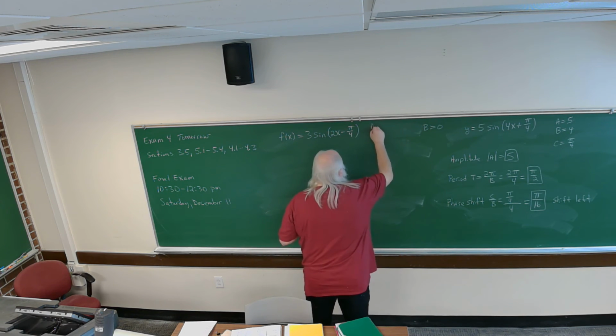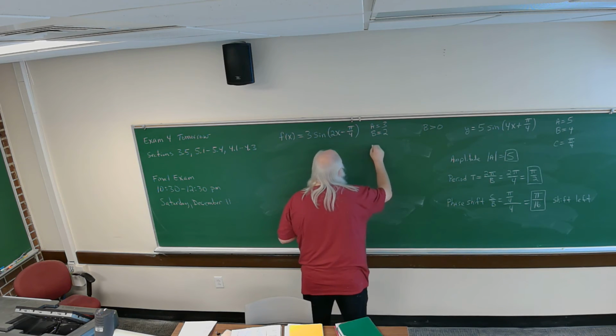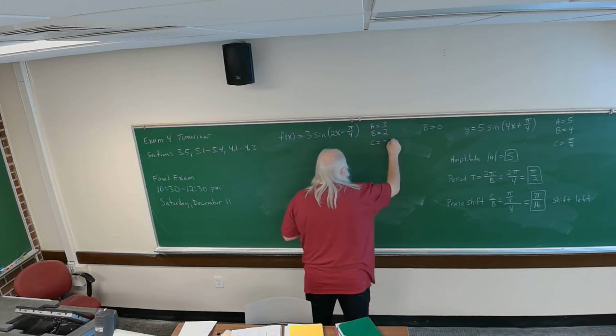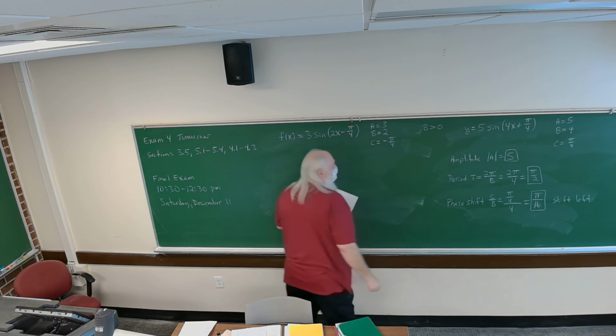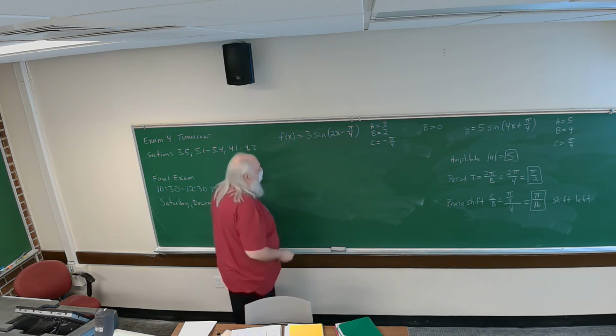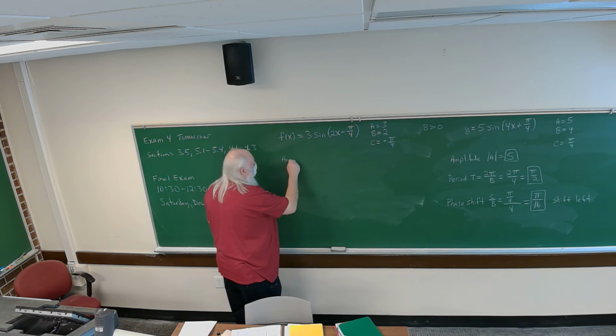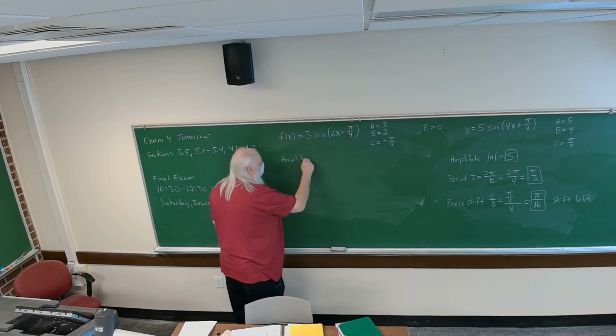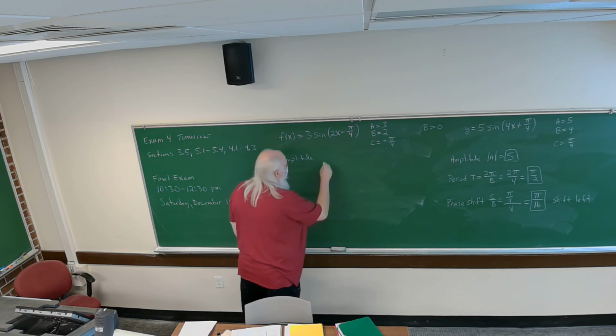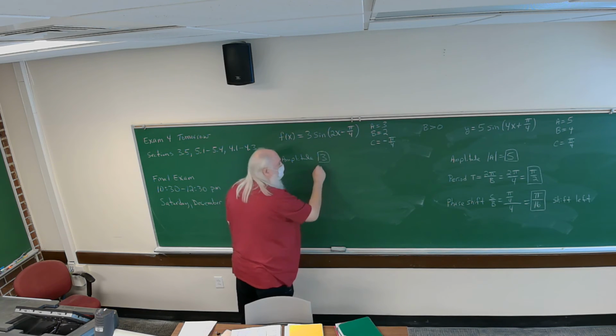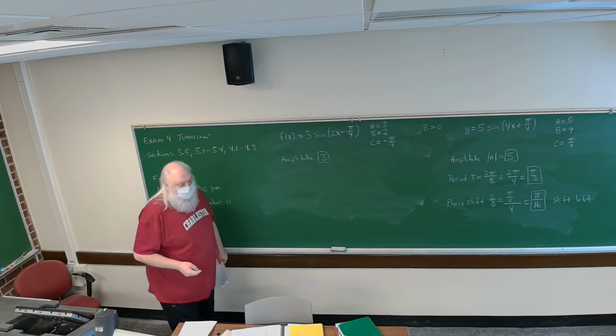And so as before, a is equal to 3, b is equal to 2, and c is equal to minus pi over 4. Okay? So we already know what the amplitude is. Amplitude is 3. Okay? So that goes into the first blank, right?